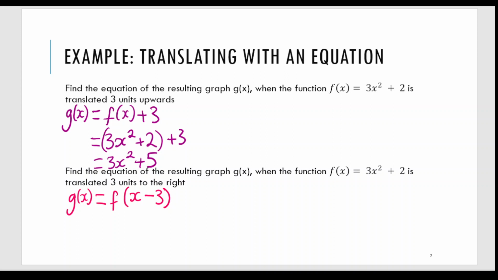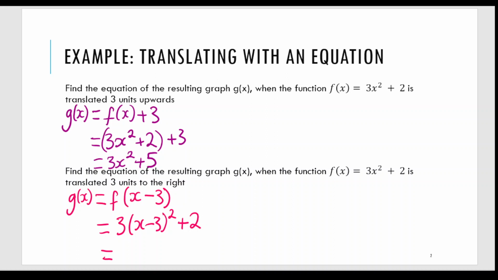So what that means is we're going to take this function f of x, and wherever we see x in that function, we're going to replace it with x take 3. So 3 times x take 3 squared plus 2.